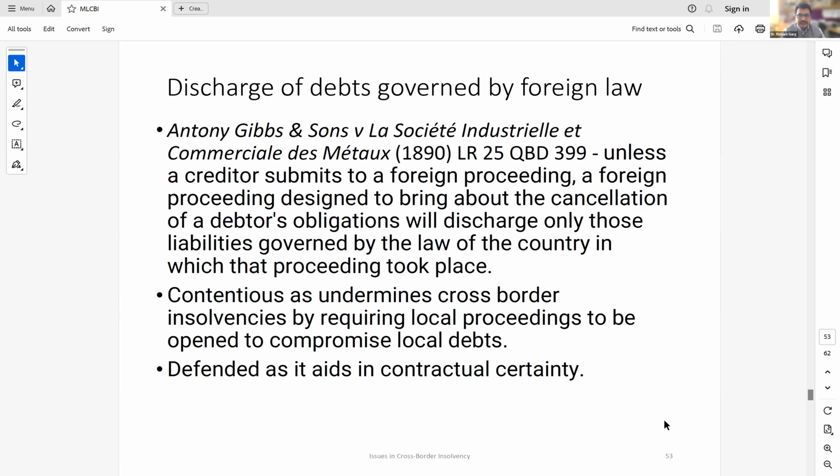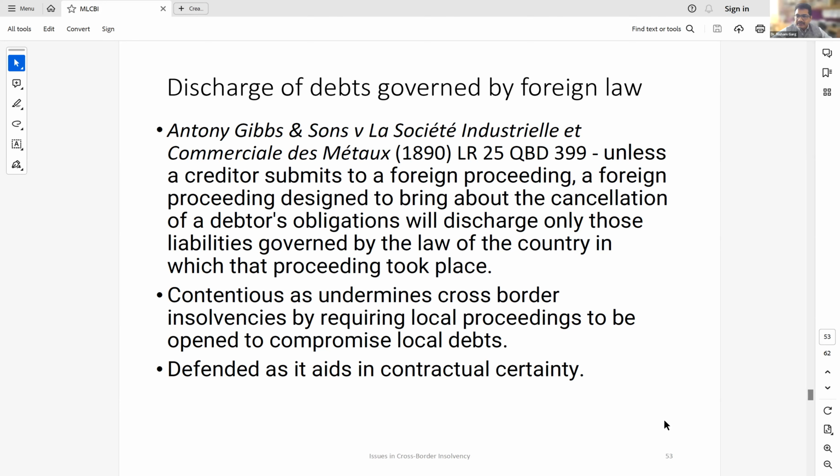It says that unless a creditor submits to a foreign proceeding designed to bring about the cancellation of a debtor's obligations, it will discharge only those liabilities governed by the law of the country in which that proceeding took place. It is an old law and has been very heavily criticized.